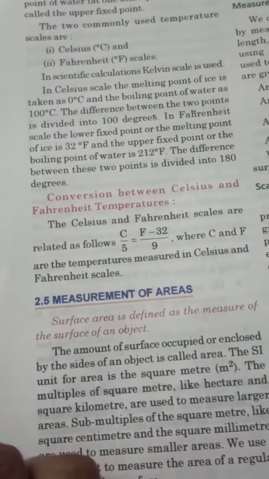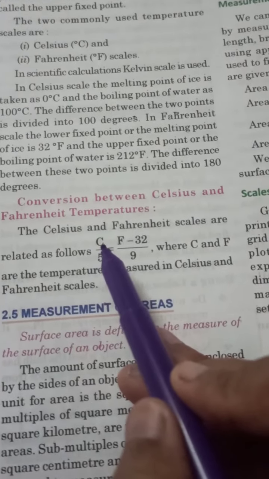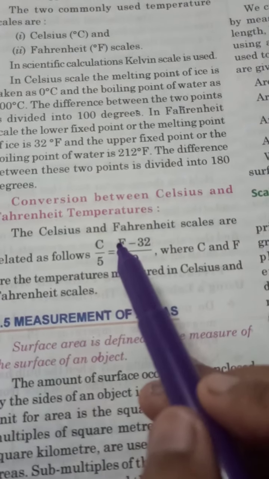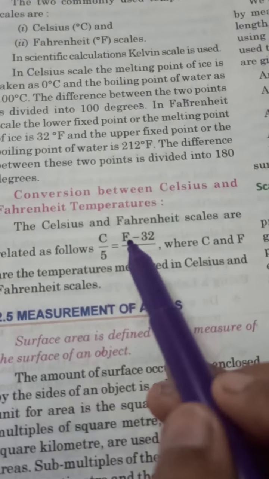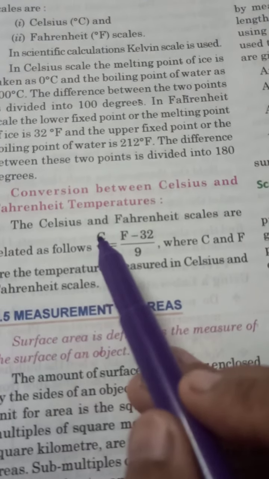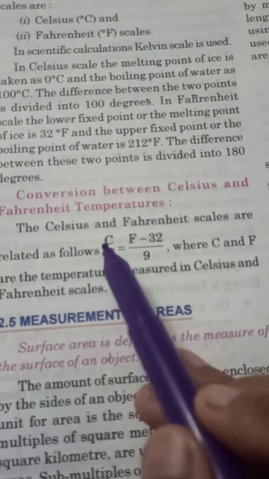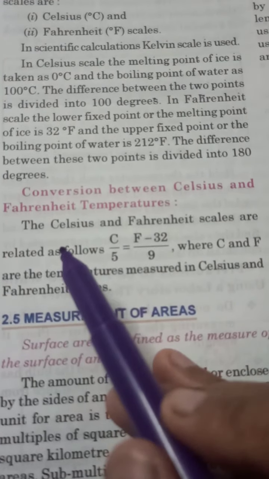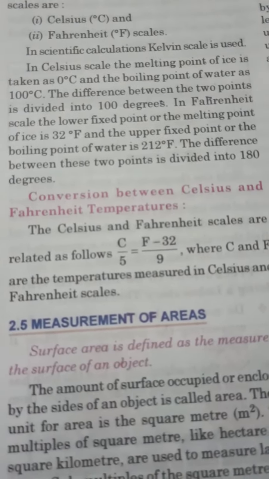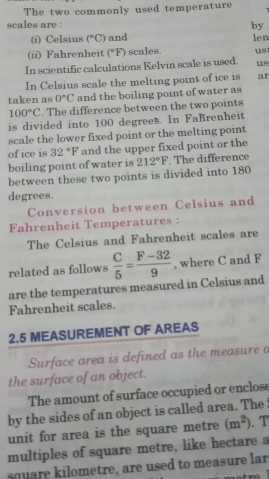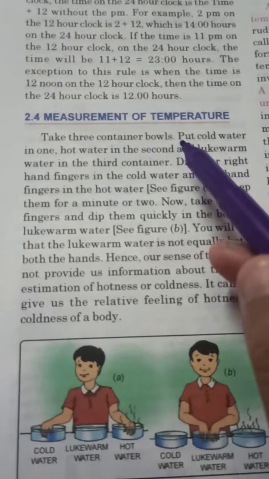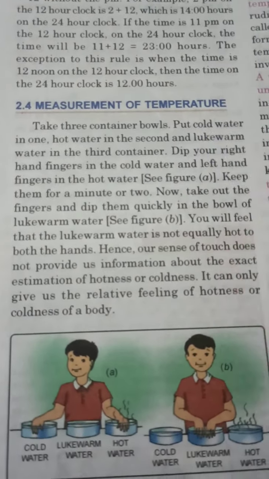Either one of the temperatures will be given to us, and then we can easily find the other temperature, or convert to the other format. Fine. So this is how we have done measurement of temperature in chapter number 2.